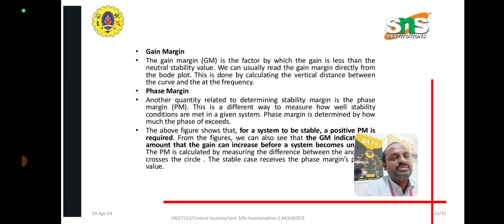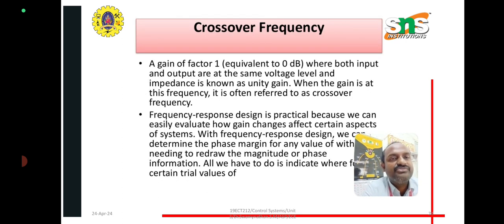Gain margin is nothing but the factor by which the gain is less than the neutral stability value. And the phase margin is another quantity used to define how well the stability conditions are met in the given system. So it is determined by how much phase margin exists. From this you can calculate the gain margin and phase margin.